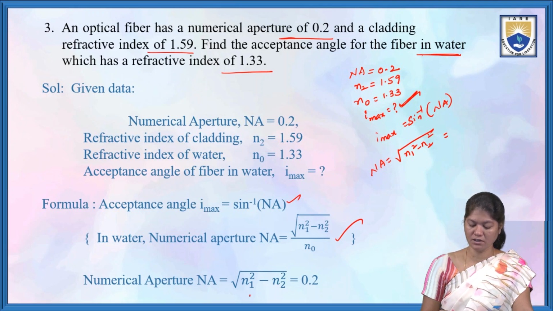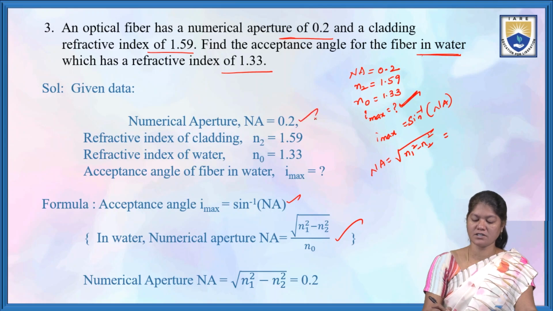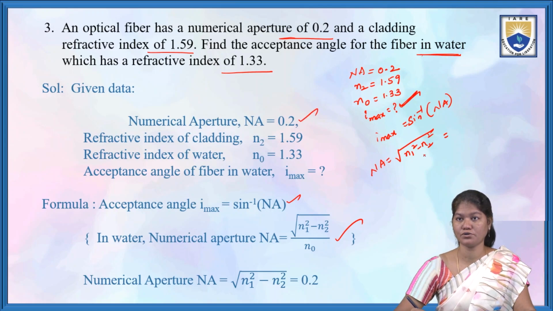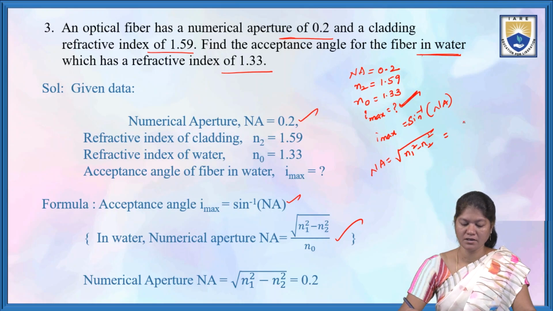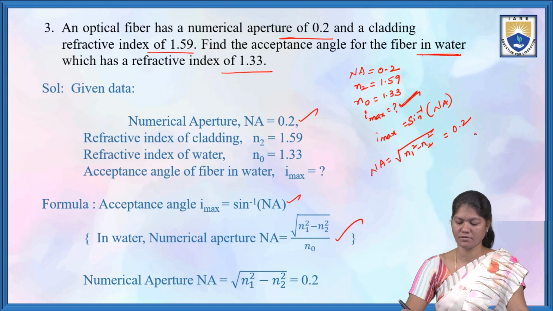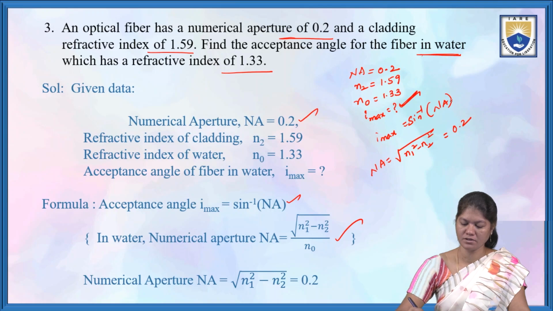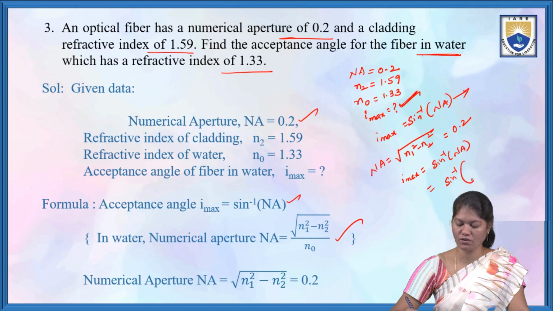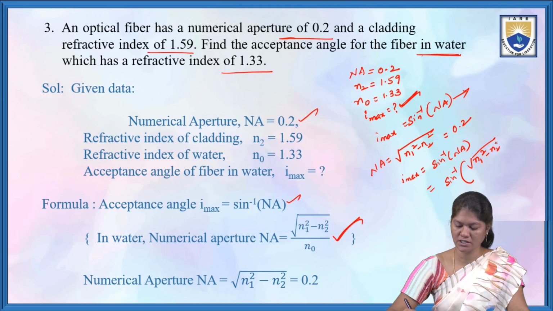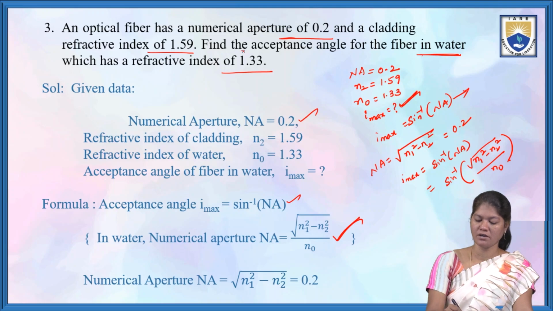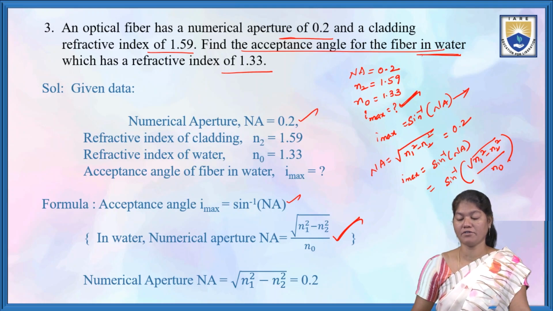Here NA is given as 0.2. So we are calculating i maximum as sine inverse of NA, where this NA is root of N1 square minus N2 square by N0, because we need to find the acceptance angle for the fiber in water.